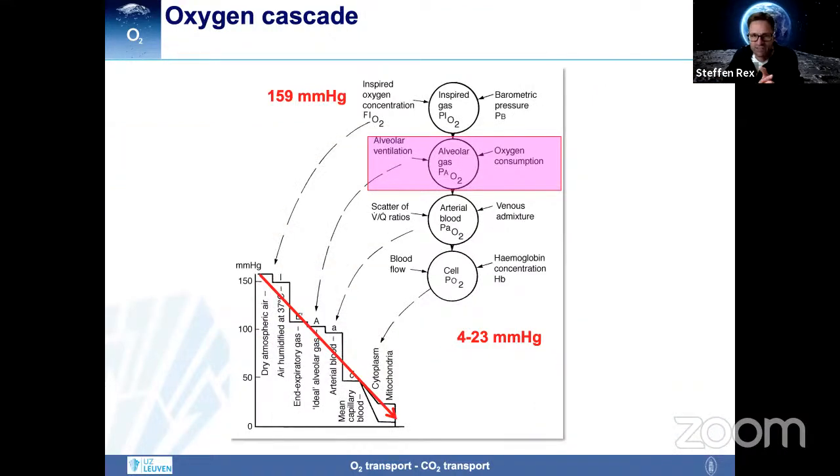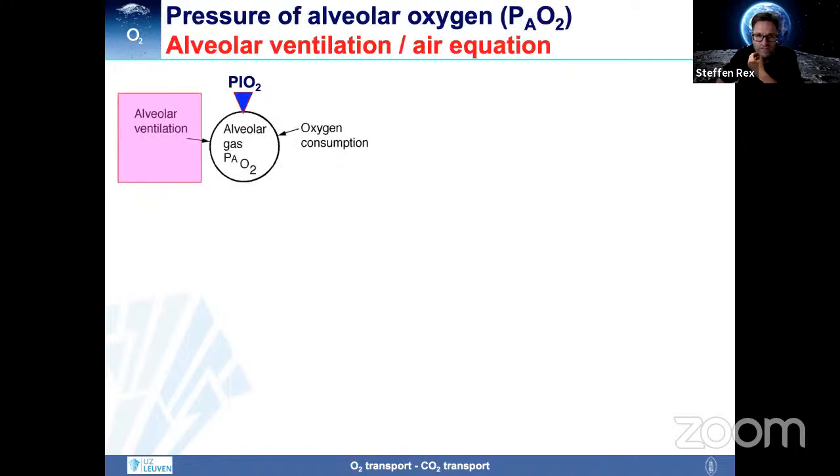So that was the first step of the oxygen cascade: the inspired oxygen concentration and the barometric pressure. Then the oxygen gets into the alveoli, and there also strange things happen. You all know that in the alveoli there's no vacuum.